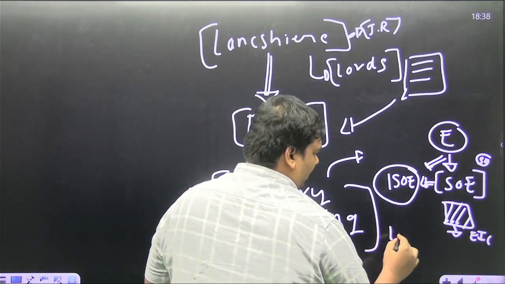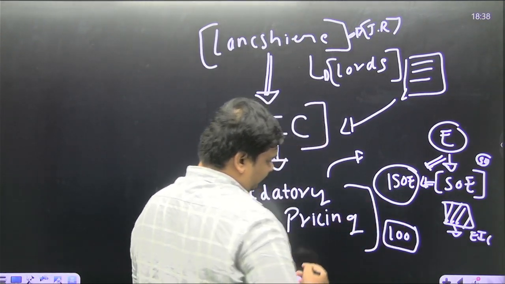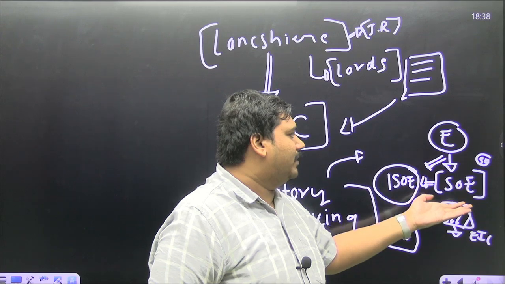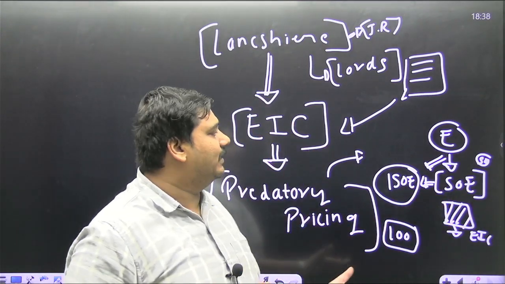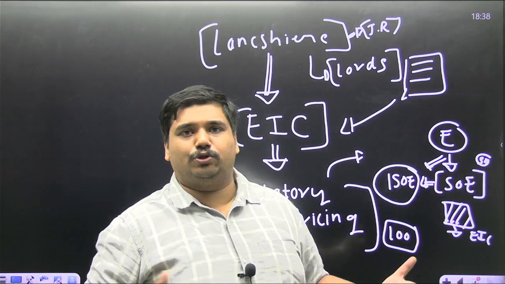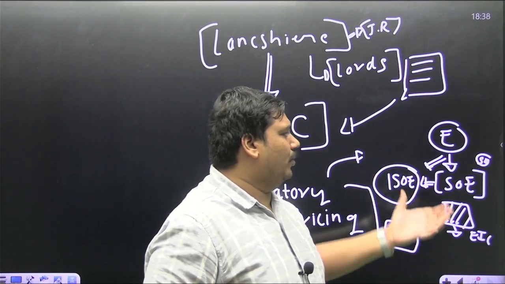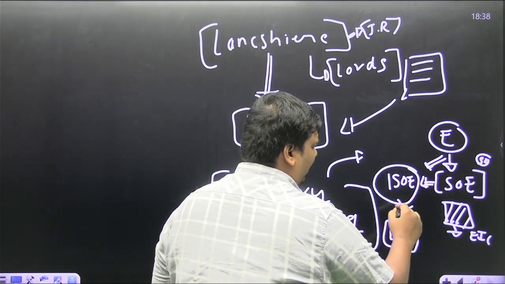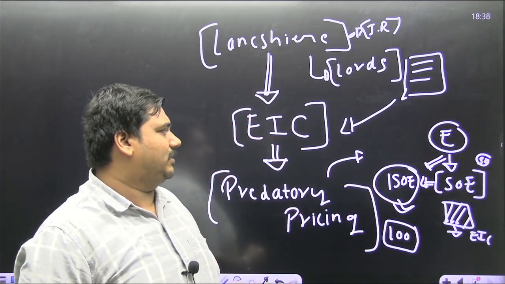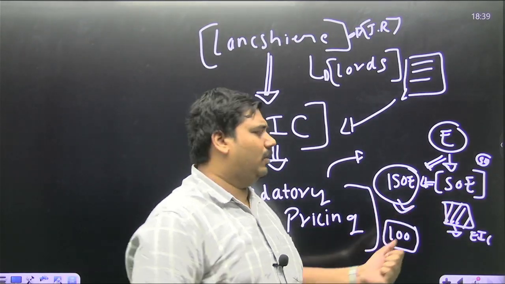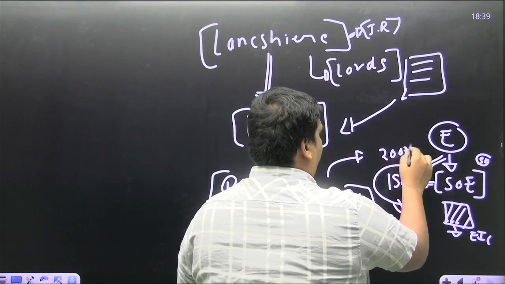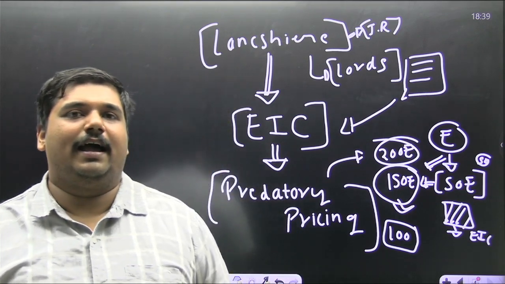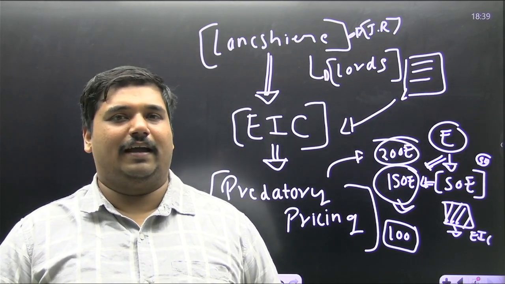Before, the Indians sold at 100. The East India Company initially sold for 50, and after it made sure that the Indian industry was wiped out, there was no choice for Indians except to import from Britain. They increased the price of these commodities up to 150 or 200, making a huge profit and also destroying the industrial setup of India.